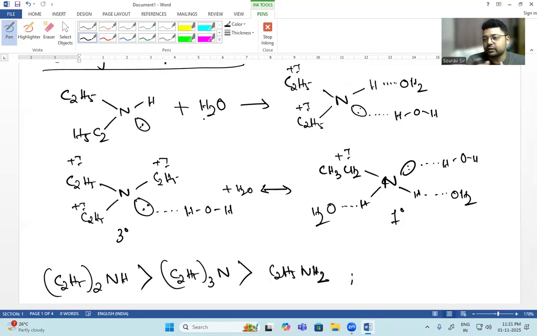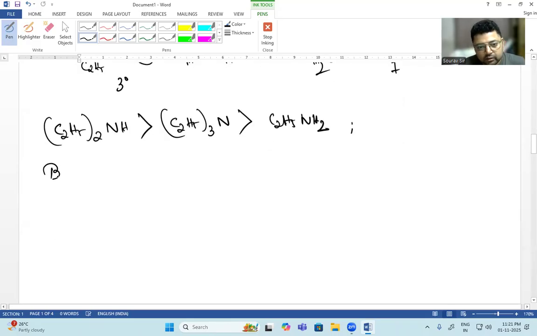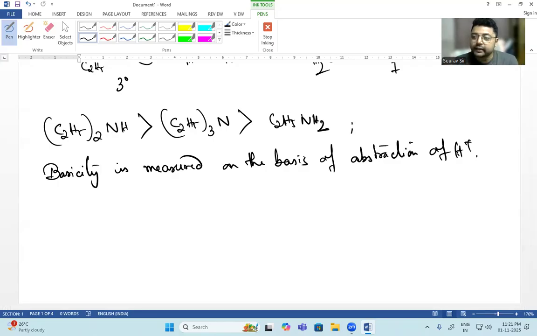Basicity is measured on the basis of abstraction of H plus: how well I can abstract an H plus. Nucleophilicity is measured by how well I can attack an electron deficient carbon center.